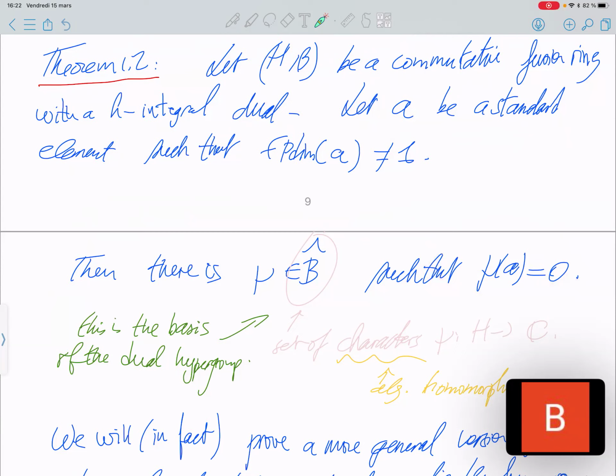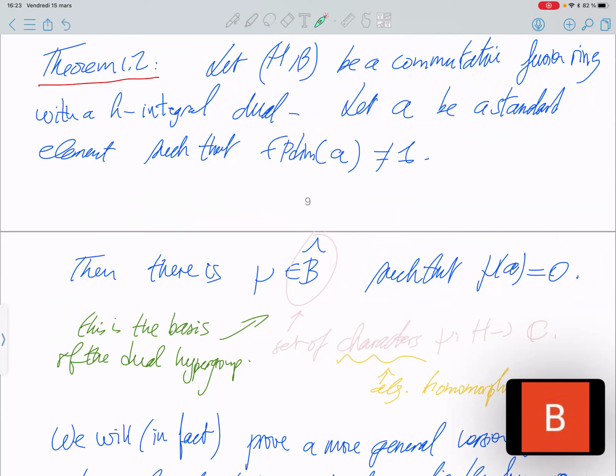But the definition states the other way. So if it is 0, then it should be not group-like. And in fact, I guess for a commutative fusion ring, it should be clear that if it is 0, then it cannot be 1. Let me check.